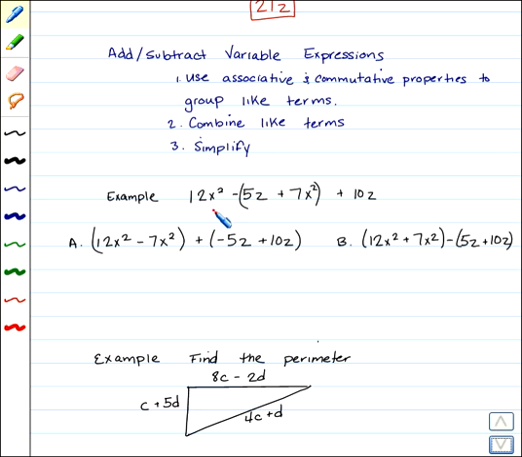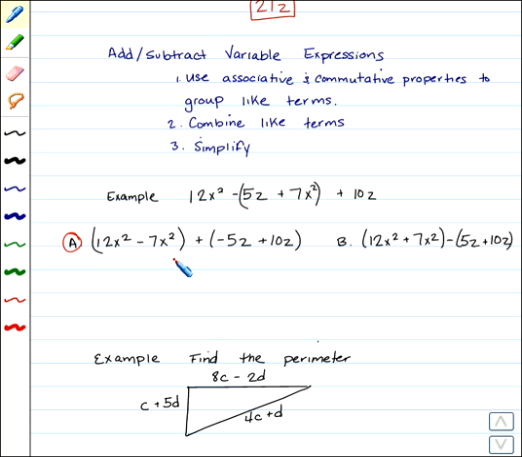So with our example, we have 12x squared minus 5z plus 7x squared plus 10z. So we notice that 5z plus 7x squared is in the grouping. Now what I want you guys to do is use the associative and commutative properties to group the like terms. So I want you to tell me if A or B best represents how we should regroup this expression.